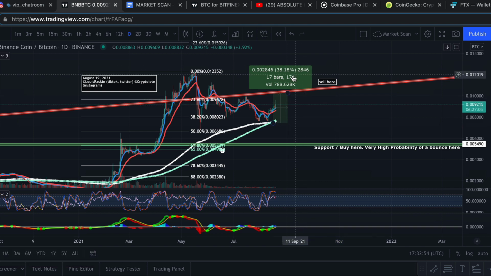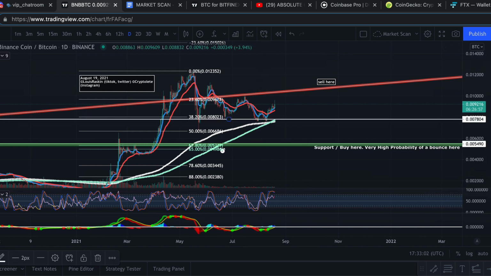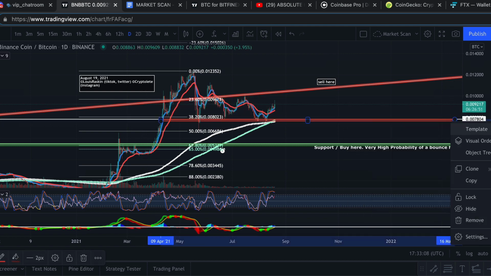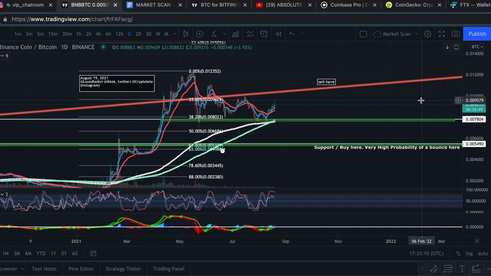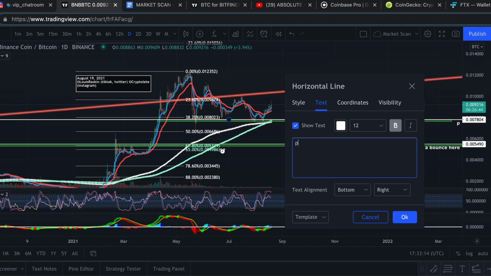So we don't want to wait. I could do this though. I could put this right here, and I could say that this is sort of a good buying zone, a pretty decent buy zone.